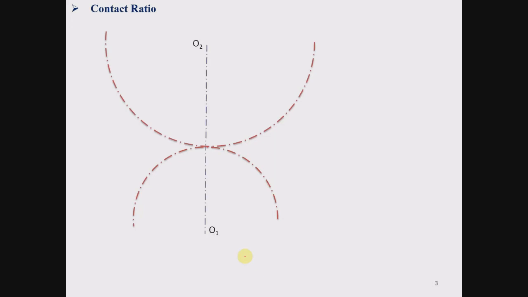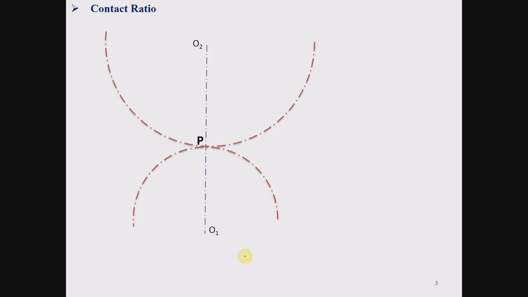Now next is contact ratio. No need to draw this diagram again, just listen carefully and try to understand the concept of contact ratio. This is pitch circle 1, the pitch circle of the driving gear. The pitch circle of the driven gear is in tangential contact with the pitch circle of the driving gear, and that point of contact lies on the center line O1 O2, the line joining the centers of both gears.